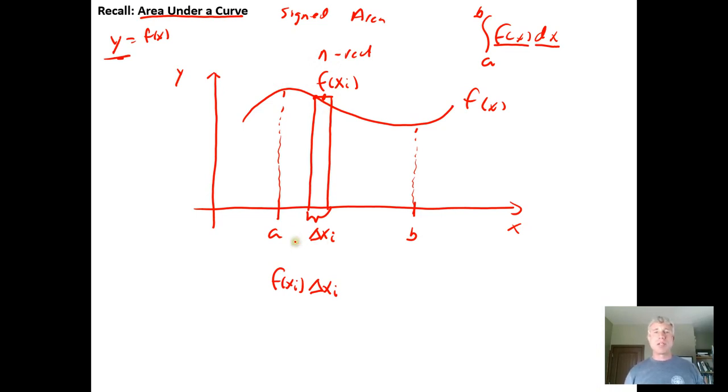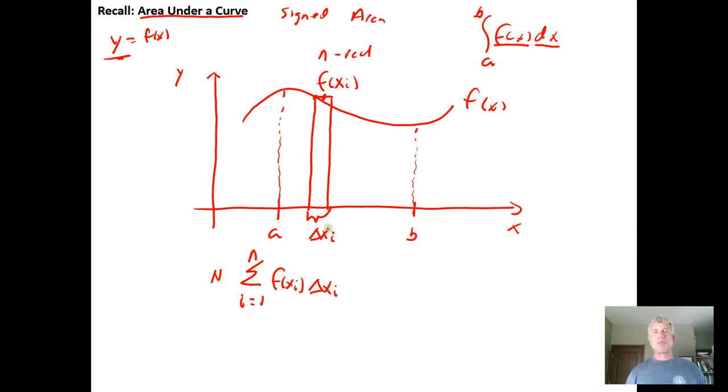But what we did is we took the limit as all of the delta x of i's went to 0, and we added them all up. So we took the sum from i equals 1 to n of f of x of i times delta x of i, and we added up all of the areas, and we said this approximates the area. And then we identified a norm. I'll call it big N for norm.